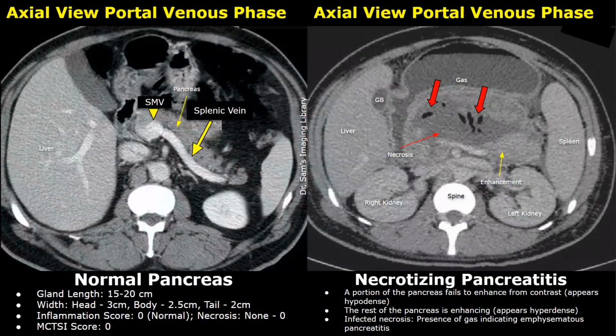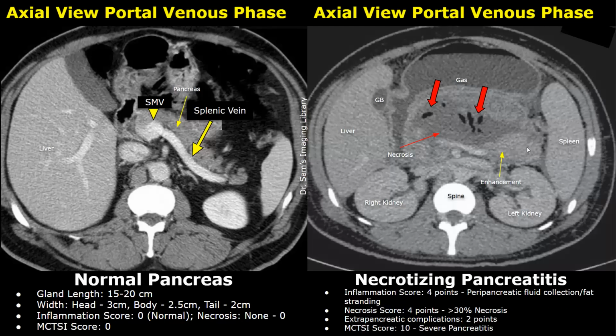This is another case of an infected necrotizing pancreatitis with the presence of gas within the necrotic areas. The pancreatic head and body fail to enhance with contrast material. Only the tail end of the pancreas is enhanced. Inflammation and necrosis scores are both 4.